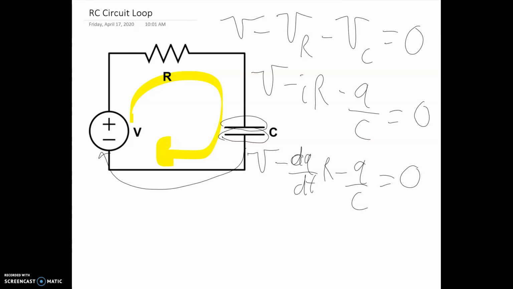You can actually derive a differential equation, and then you take the ln and all that stuff, and you end up getting that equation, Q equals CE times 1 minus e to the negative t over RC. Again, I know that you've probably seen it before, but that's a good thing to look up if you want to look for that proof of the RC circuit to come up with the charge as a function of time.